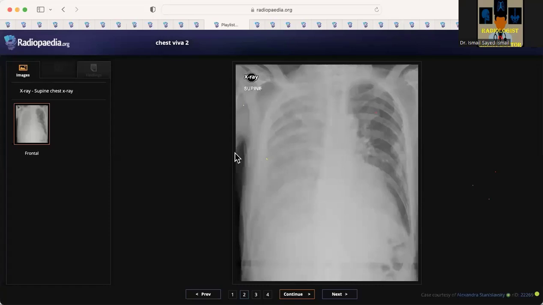I can see a diffuse opacity demonstrating white hemithorax of the right lung. Looking at the mediastinum and the trachea, there is no mediastinal shift, so it's central, raising the possibility of a white hemithorax with central mediastinum suggestive of consolidation.